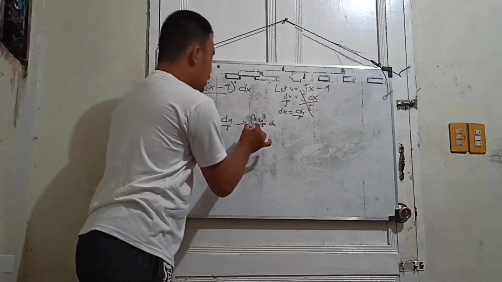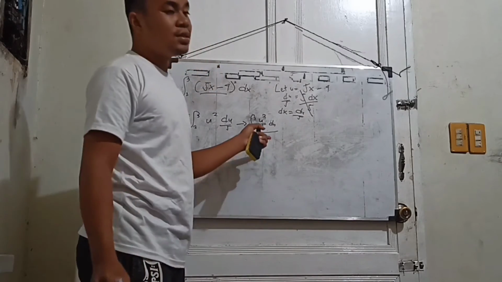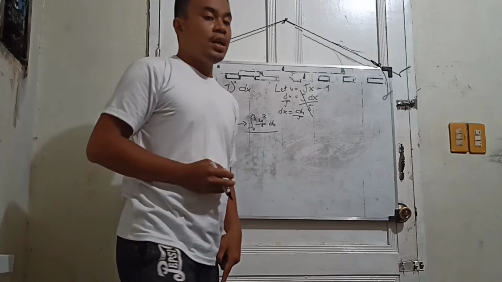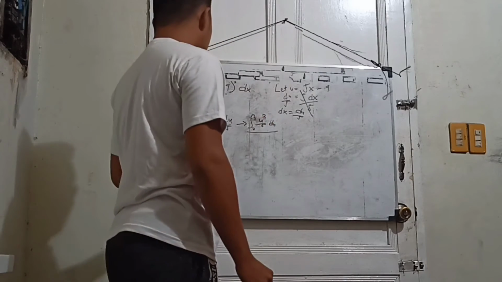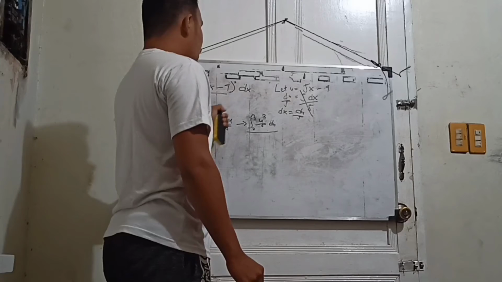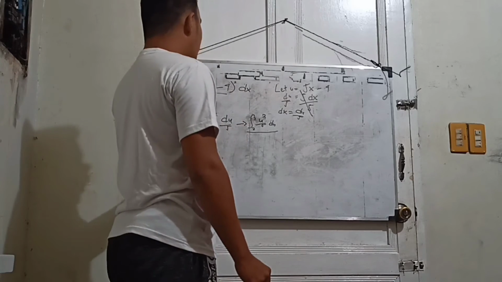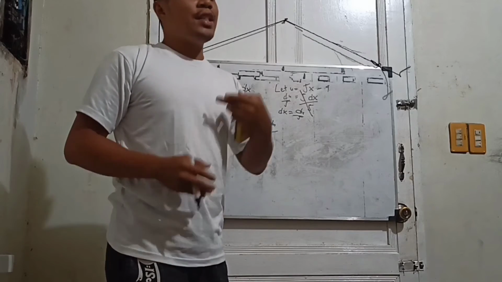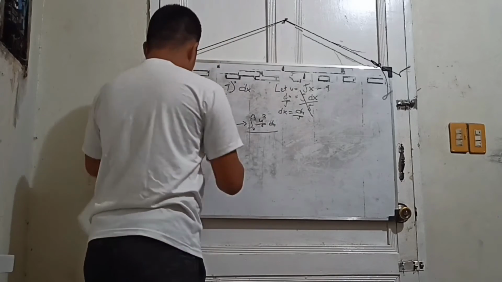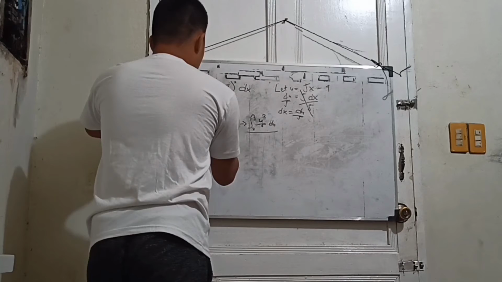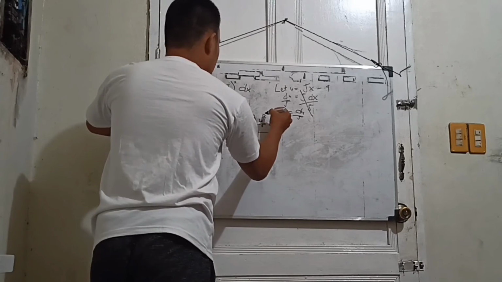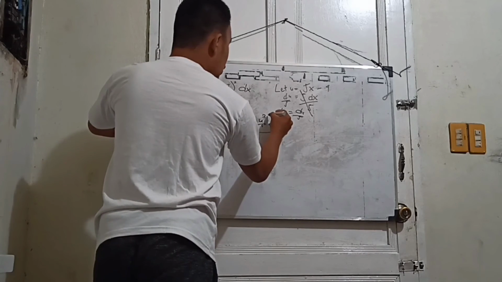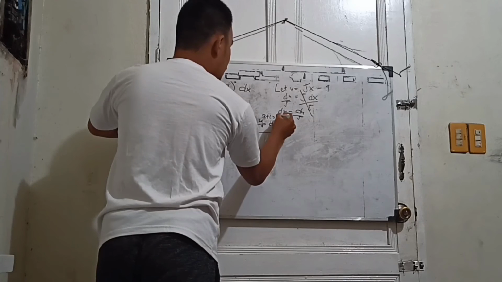Now that we get this, we will now integrate. And the rule of integration is you add 1 to the exponent, and the integrated exponent will be our denominator also. So the exponent is 2 plus 1 is equal to 3.